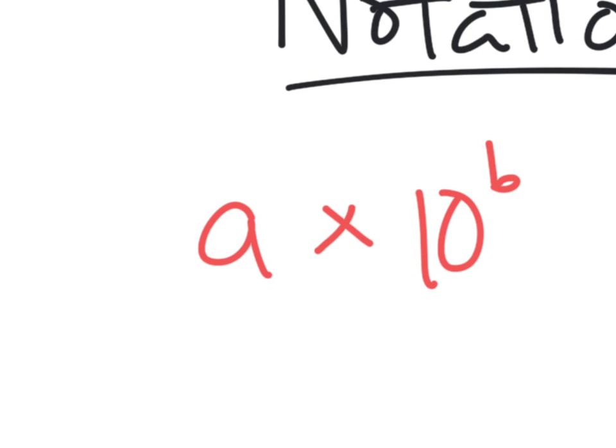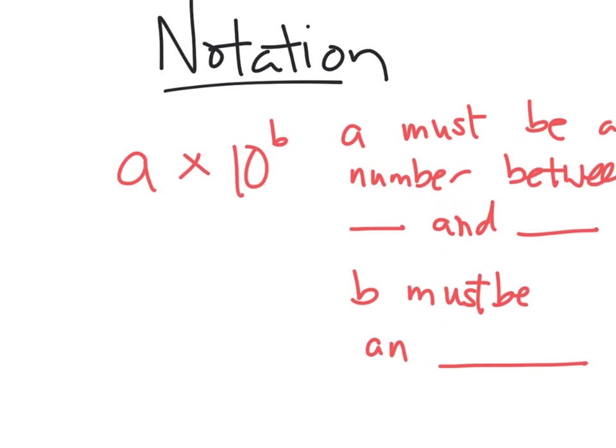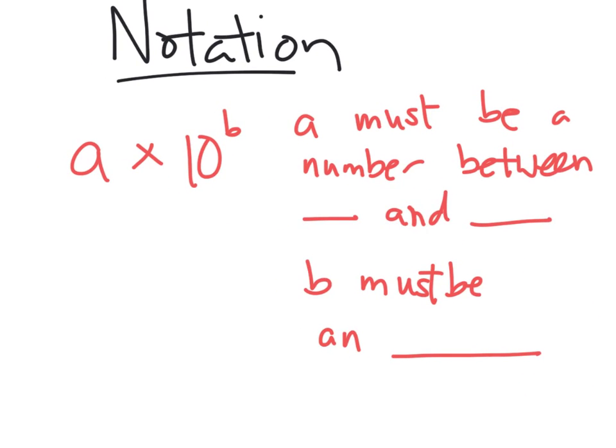And scientific notation has the form a times 10 to the b, where a and b are numbers. And they have to be certain kinds of numbers to be considered a scientific notation value. So a must be a number that's between 1 and not 10. So anything up to but not including 10, a can be.